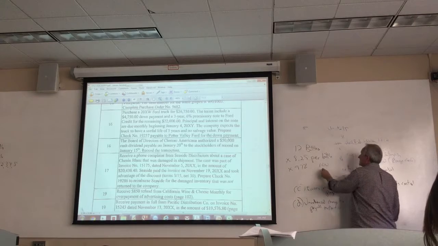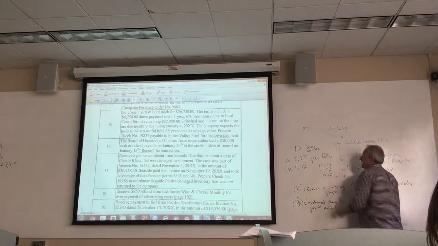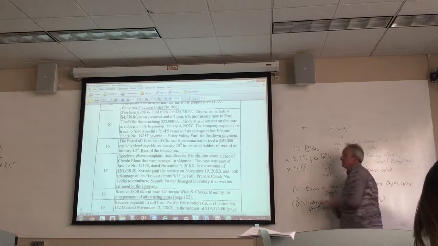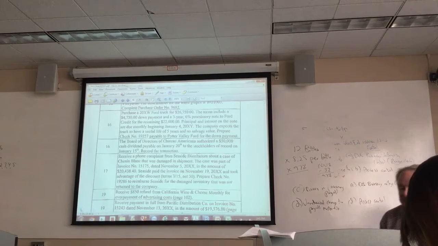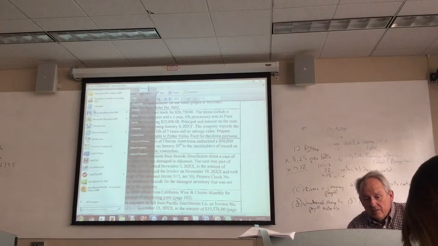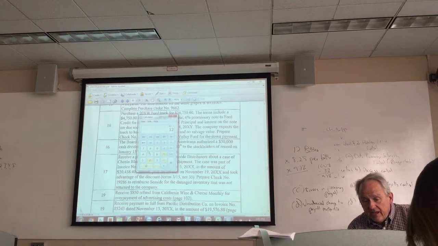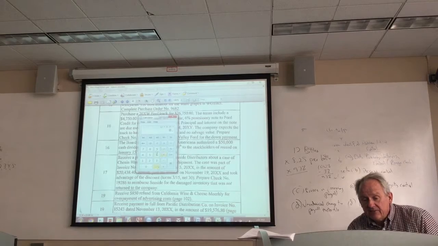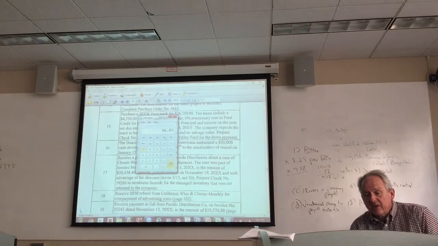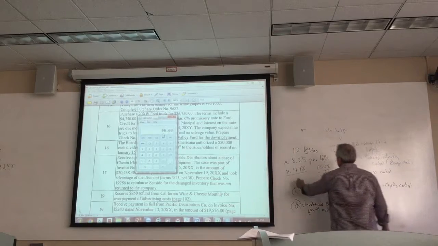That's 100% selling price minus 3%. So they only paid 97%. So 12 bottles of wine times $8.25 per bottle times 97% means I got to write them out a check for a whopping $96.03.